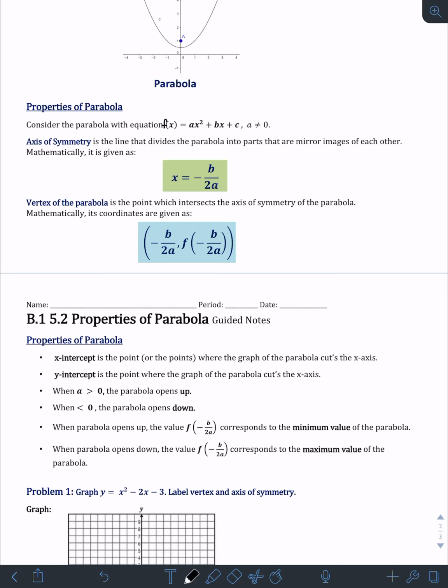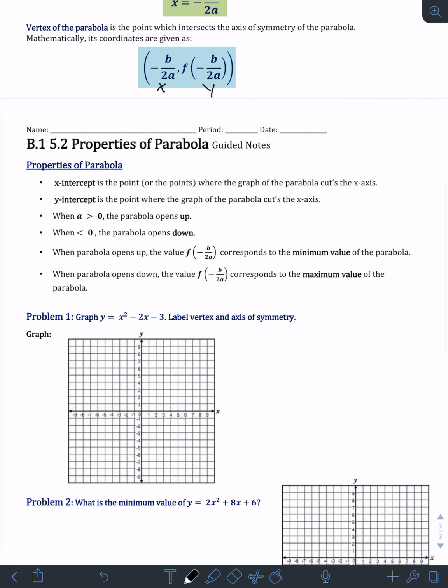And the vertex of a parabola is the point which intersects the axis of symmetry of the parabola. To find its coordinates, you take whatever you get for your axis of symmetry and plug that in to find the y coordinate. So this would be your x and this would be your y.